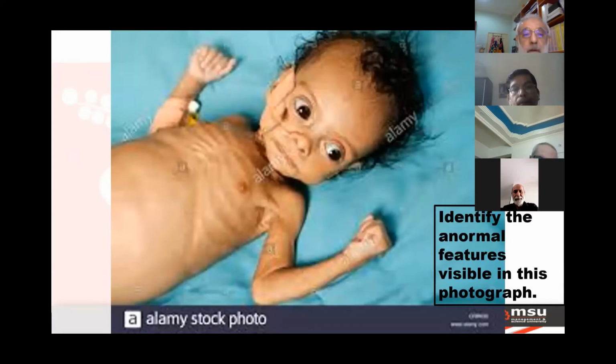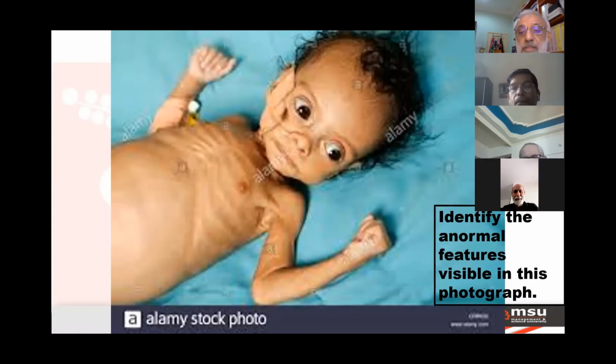And almost very clearly, students would say that there's muscle wasting. Ribs are so prominent, there appears to be abdominal distension. The eyes appear very prominent because of loss of subcutaneous fat, and you can see the muscle wasting in the upper limbs as well, and maybe thinning of hair.